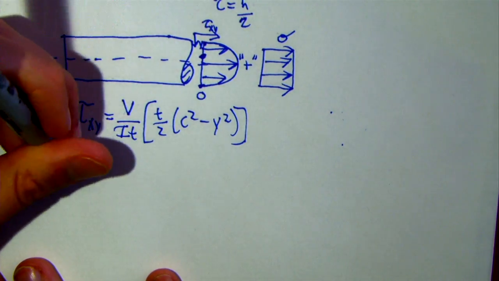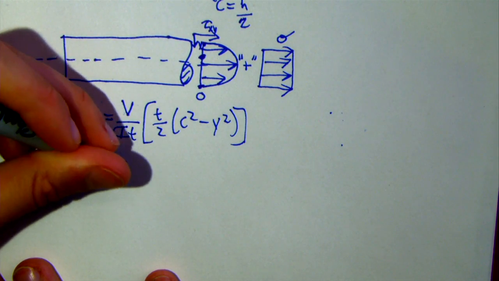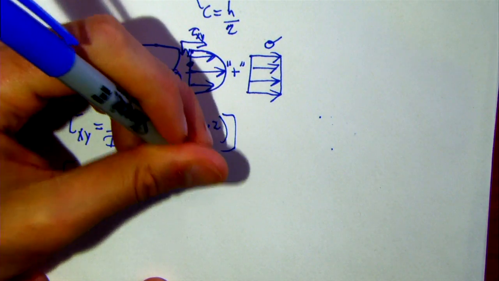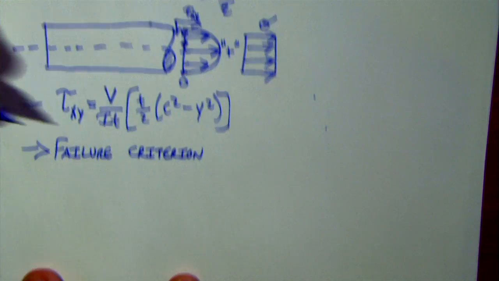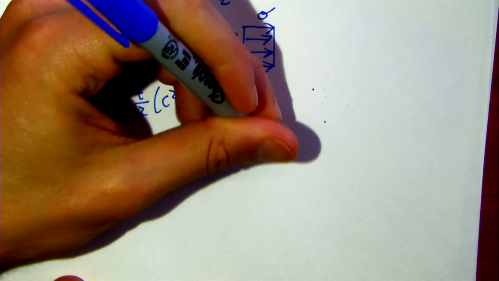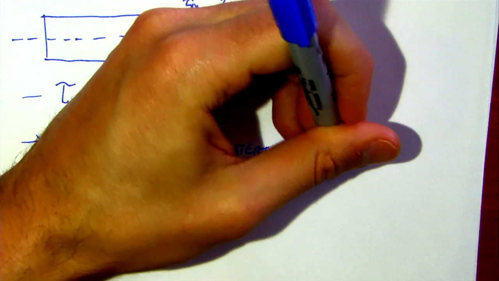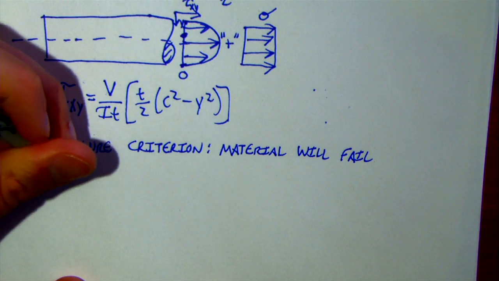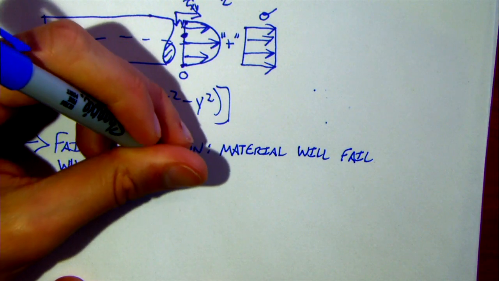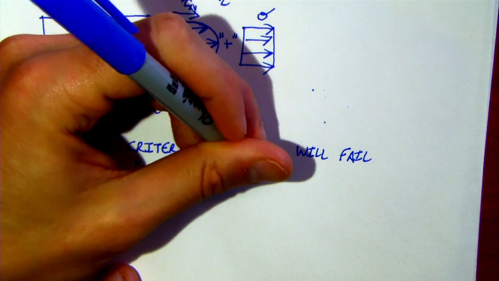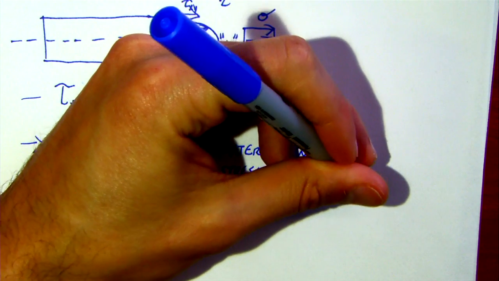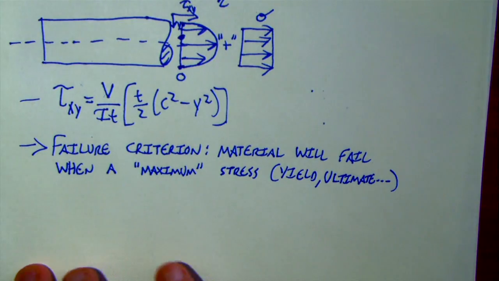Because remember our failure criterion, the one that works for a lot of materials, namely ductile materials, which include steel, aluminum, stuff like that, has been that the material will fail when a maximum stress, so we're talking like yield, which is called the yield stress of the material, the ultimate strength of the material, the tensile strength of the material, whatever kind of criterion you're going by.